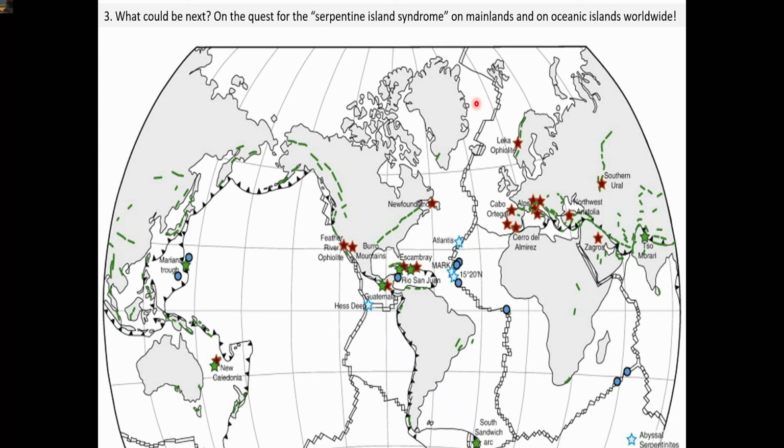What I would like to do next is to stick to edaphic islands, but in this case, to the ultimate, let's say, prime system, which would be constituted by serpentines, on the quest for the island syndrome on serpentines. And this I would like to eventually work on, on the mainland as well as on oceanic islands worldwide.